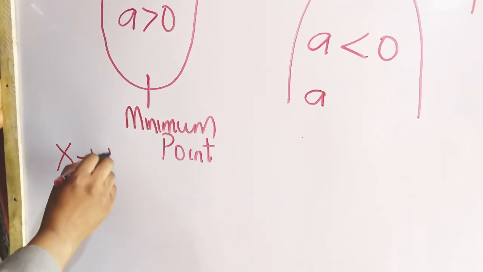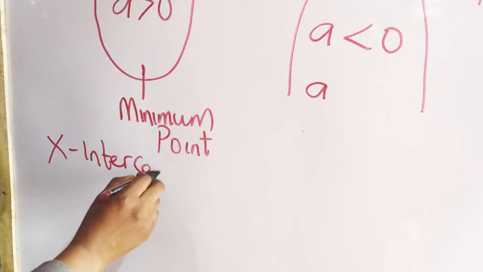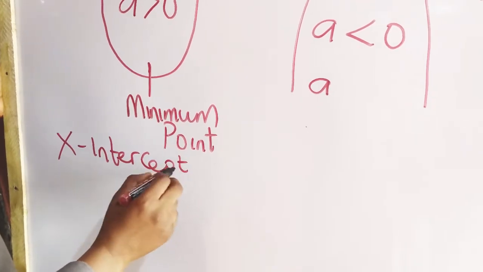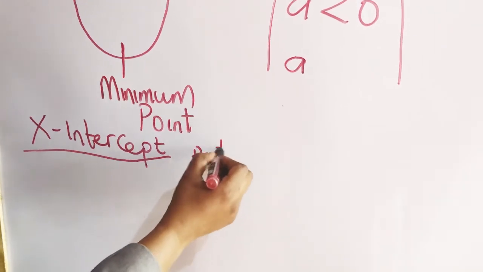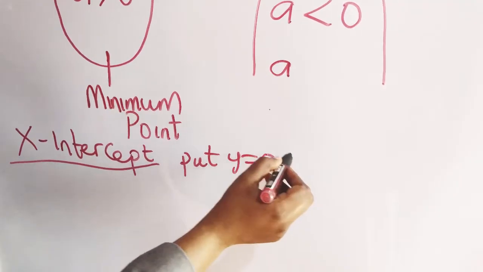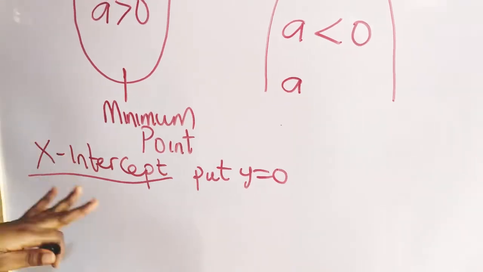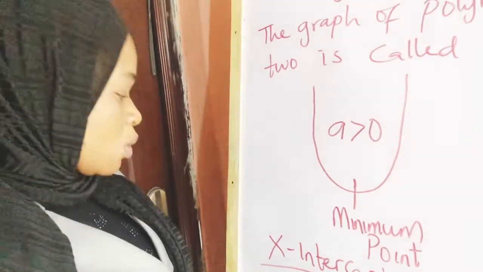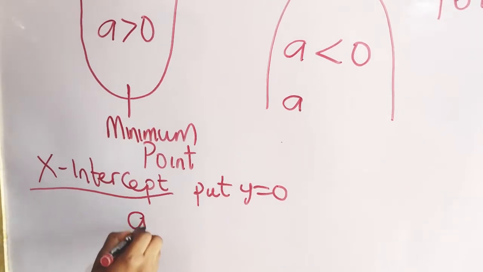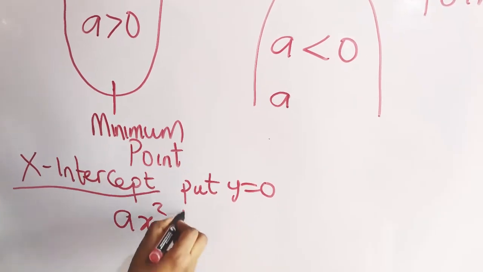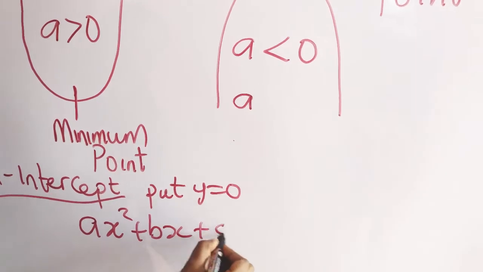X-intercept. So to find the x-intercept of a polynomial of degree 2, put y equal to 0 and solve the corresponding equation. So put y equal to 0. That means you are going to have ax squared plus bx plus c equal to 0.